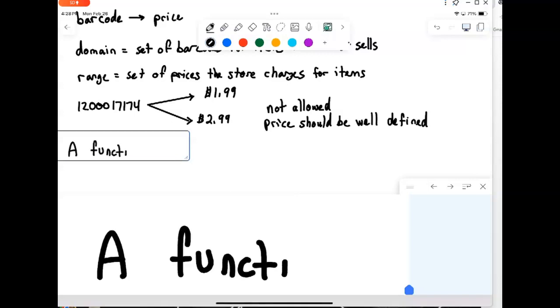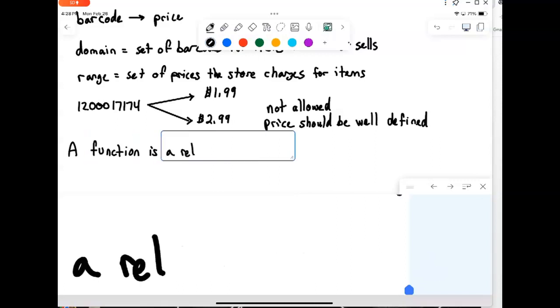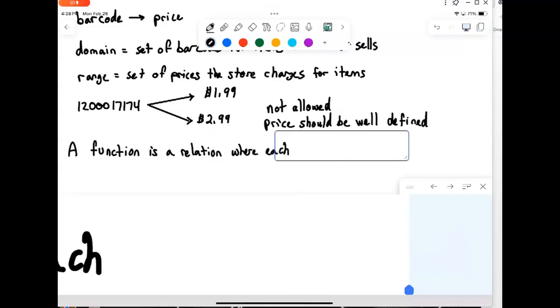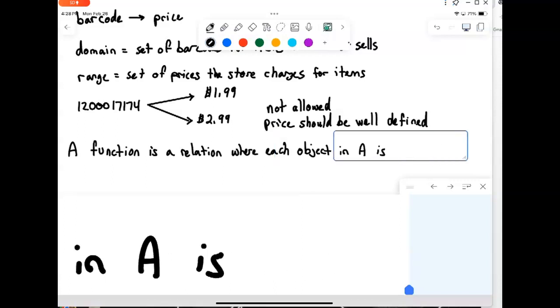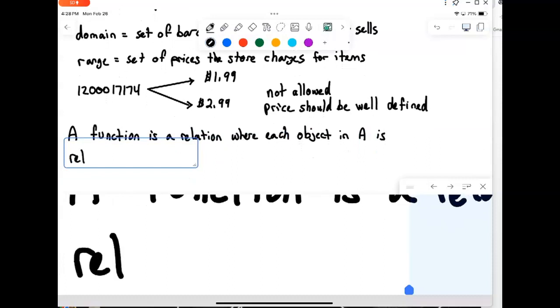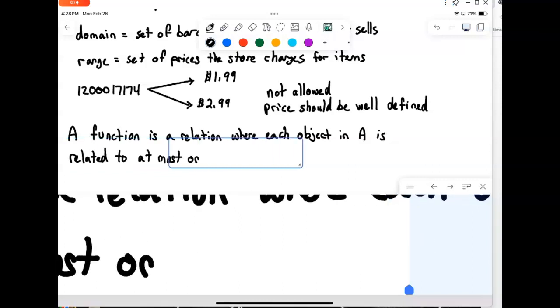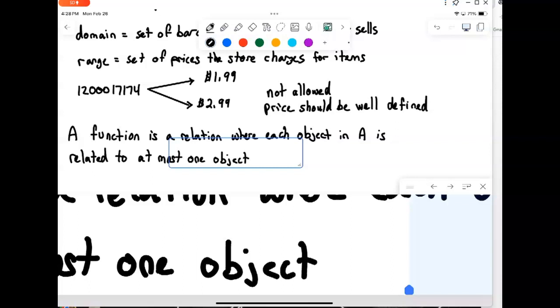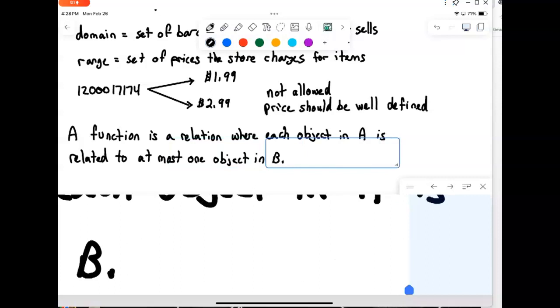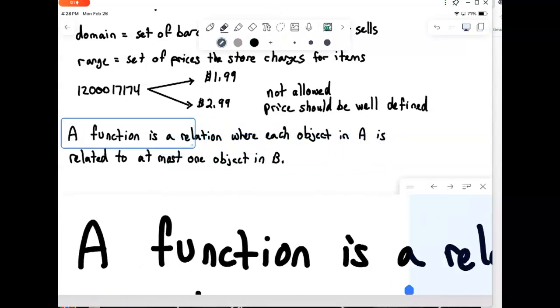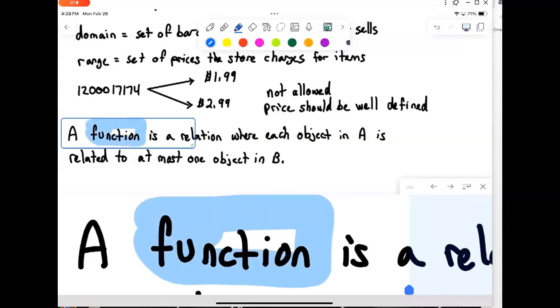A function is a relation where each object in A is related to at most one object in B. Okay, a function is a relation, so it has all those other qualities.